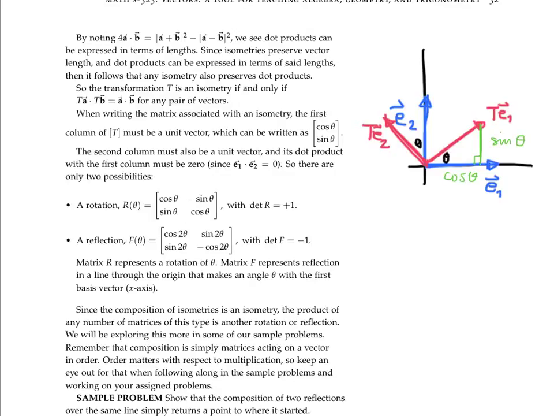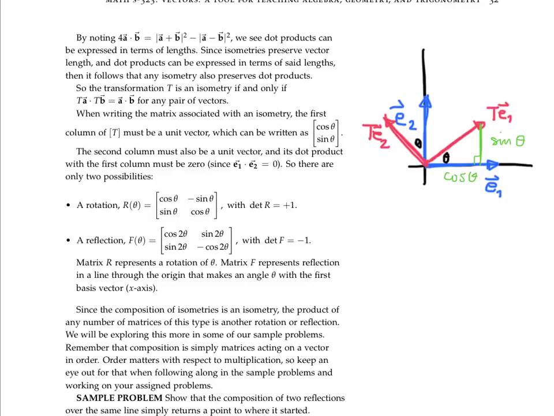And so we can see that the components of TE1 are cosine theta as its first component, and sine theta as its second component. And sure enough, we see that in the first column we have cosine theta and sine theta.